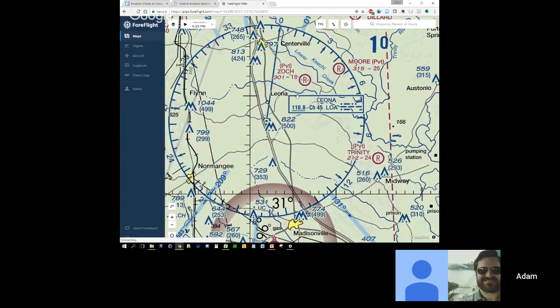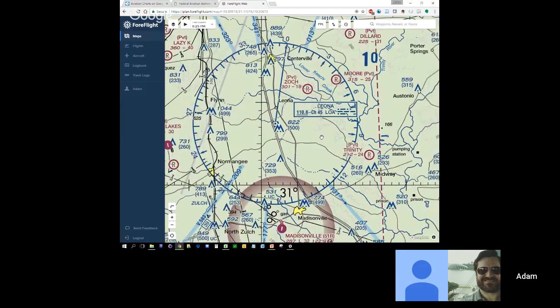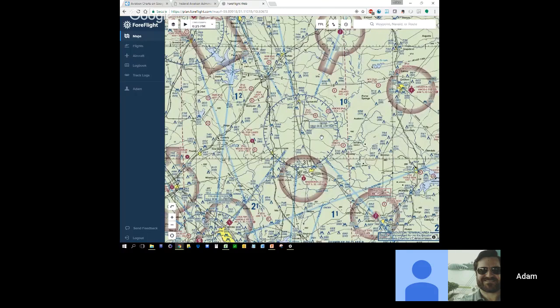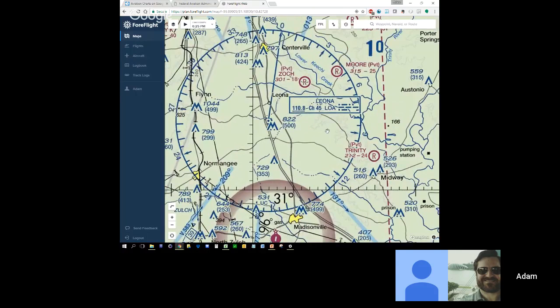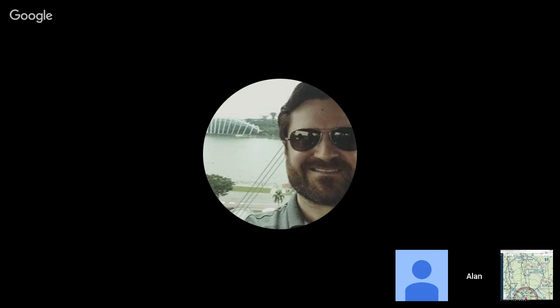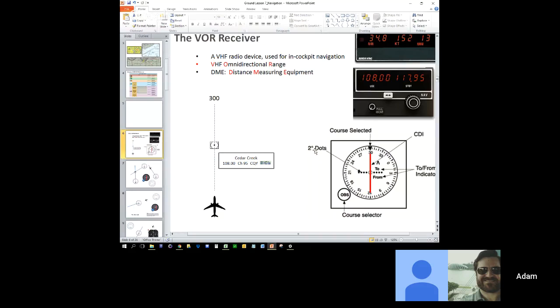This one is Leona, so this would be called the Leona VOR. With this information, you can punch it into your VOR receiver in the cockpit. The frequency is 110.8. And we're going to talk about how they work.